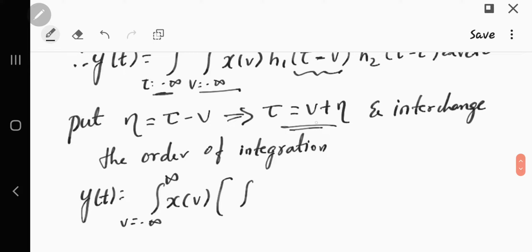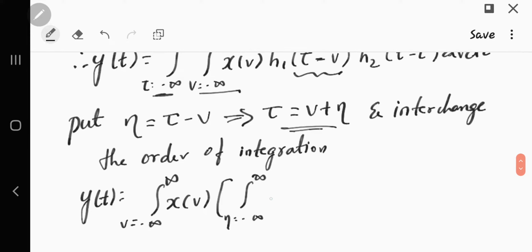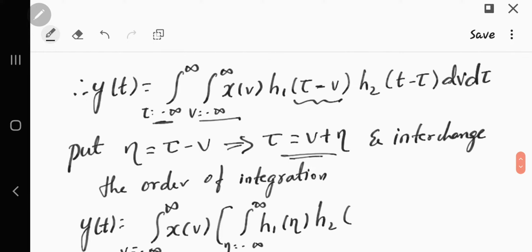tau with another variable, now this will be the integral of eta varying from minus infinity to plus infinity of h1 of eta, h2 of, so here h2 of t minus tau is there, and tau is equal to v plus eta.